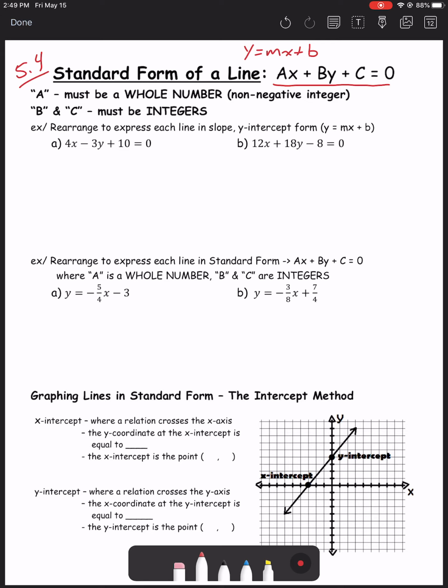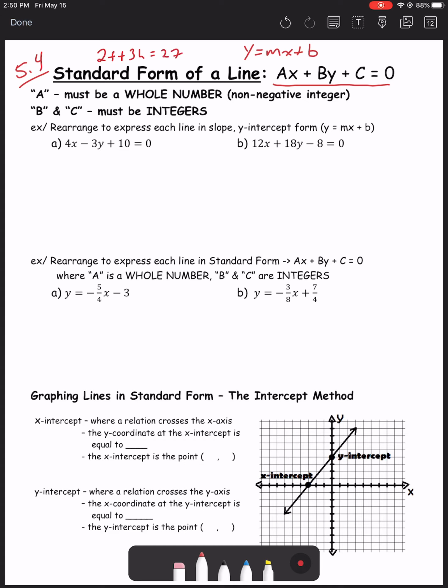They might have looked something like 2f plus 3h equals 27, or something like that. So this is what we call standard form.